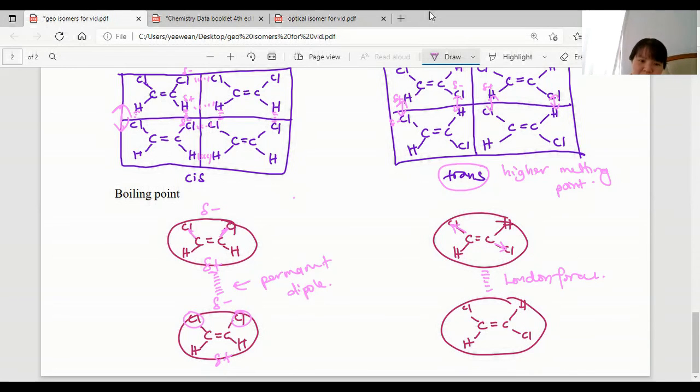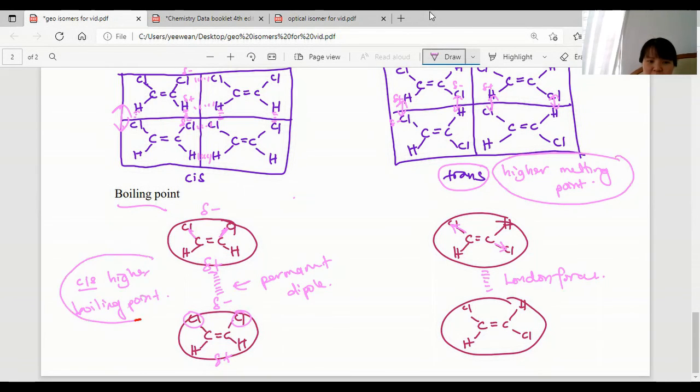So we know that permanent dipoles are stronger, which means the cis is going to have a higher boiling point. So this drawing explains why trans has a higher melting point and cis has a higher boiling point.